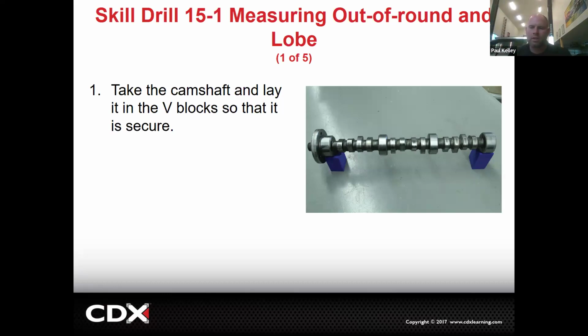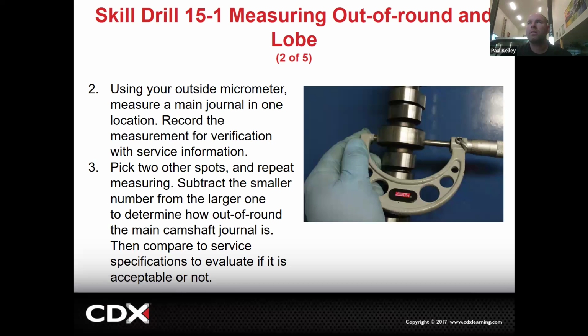And then you'd record that in degrees. That would give you the duration. Would you really do that in service? Probably not. But you've got to understand that as a concept for how the cam is made, right? So measure the journal, that's out of round or bent. Measure the lobe, that's lift or duration. You've got to be able to see where that pointer is, and that tells you what we're measuring.